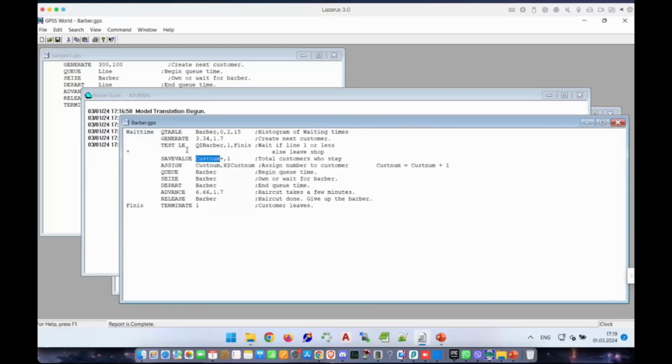So each time, the customer stays based on the comparison between the waiting line and the amount of people in it, and if it is fine, then we just increase the custom num. So it means 9 of the customers stayed in the barbershop. That's the idea.